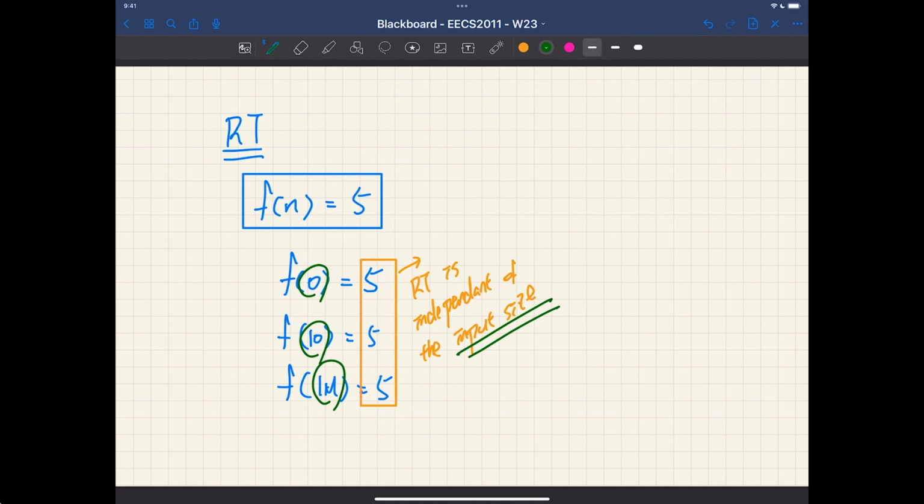Given that your algorithm is programmed correctly, remember correctness is always the first priority, if you can get an f of n equals constant time algorithm, that's the best case. That means your algorithm is so efficient, despite the input size.